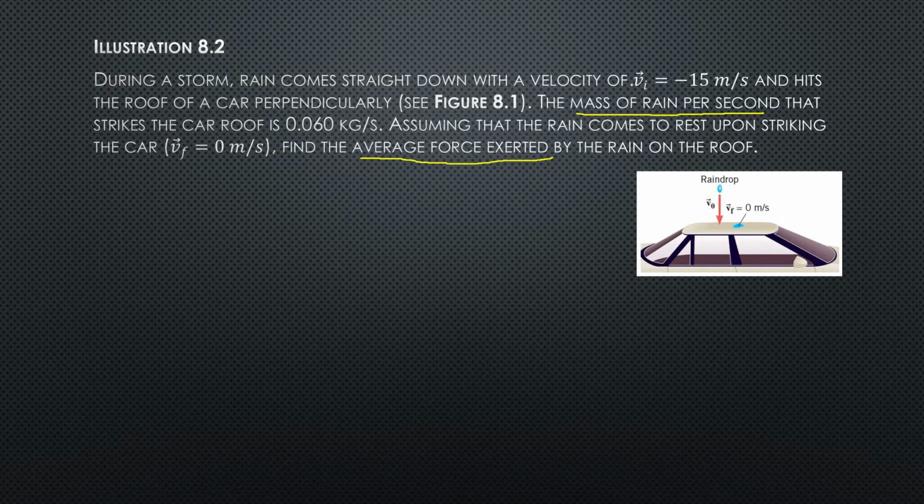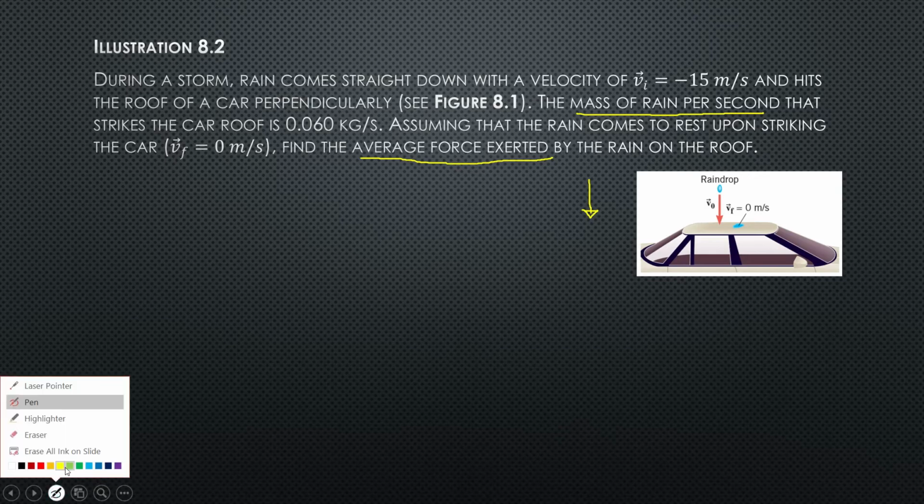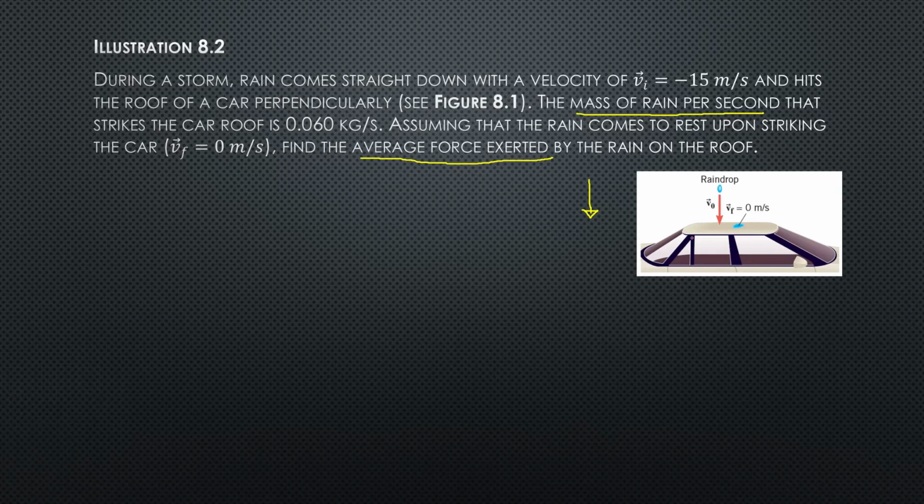So the initial velocity of the rain is given as negative 15, that is pointing down, so that is the negative direction. Upon touching the roof of the car, the final velocity is 0.